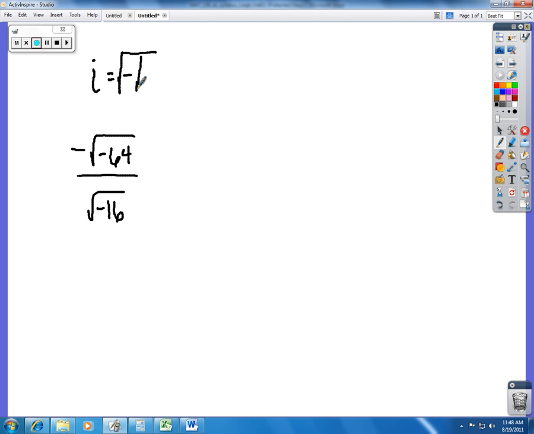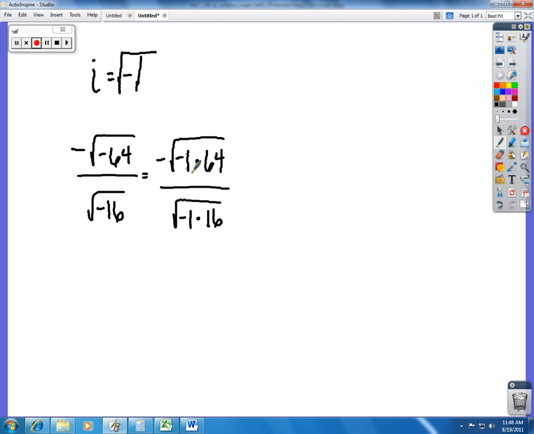So we're going to use the same principles that we have so far for radicals and breaking up numbers underneath radicals. So we're going to break up this -64 under the radical into -1 times a +64. And we're going to do the same thing with our -16 in the denominator. We're going to make that -1 times that +16.